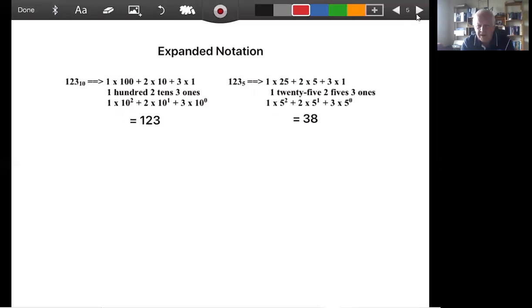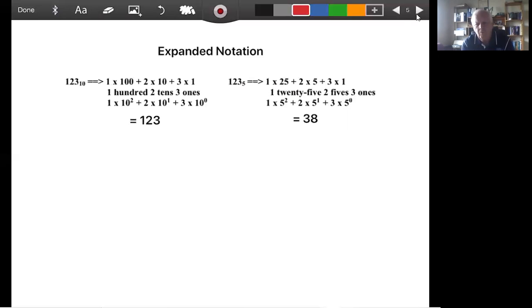It is not pronounced 123. It is pronounced 1, 2, 3 base 5 because it is 1 25, 2 5s, 3 1s. It is not 100 or 2 10s or 3 1s.